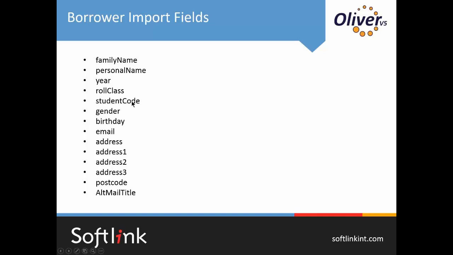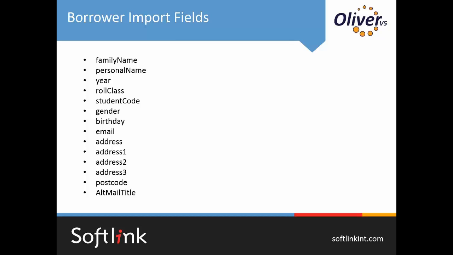Now, I've also got here student code. Now, student code is, let's say, a record number for the student in your school management system. I'll use the example here of sims.net.